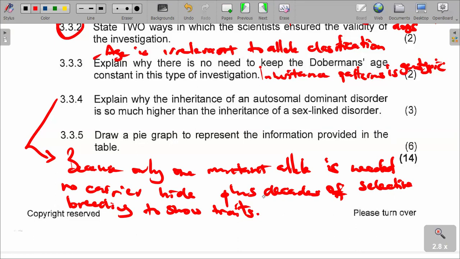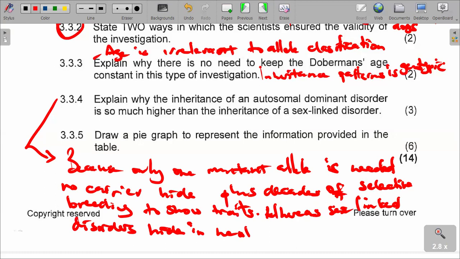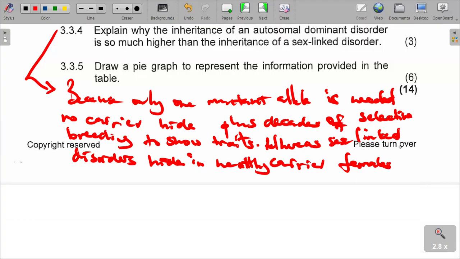Whereas sex-linked disorders hide in healthy carrier females, reducing their visible frequency.